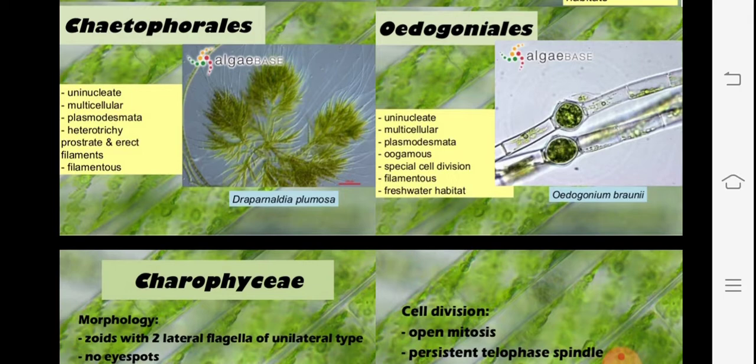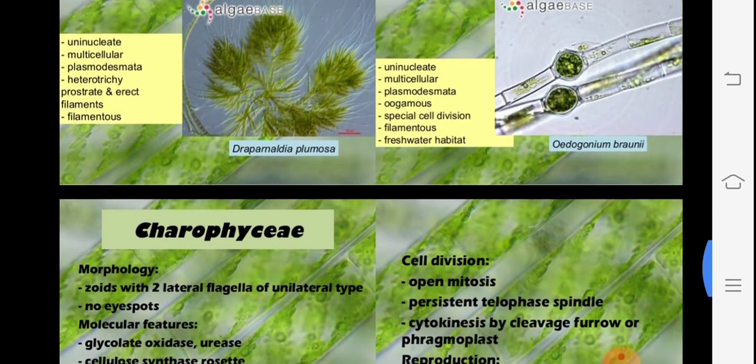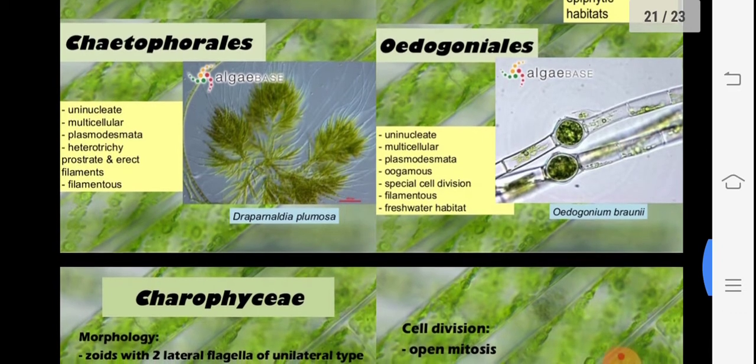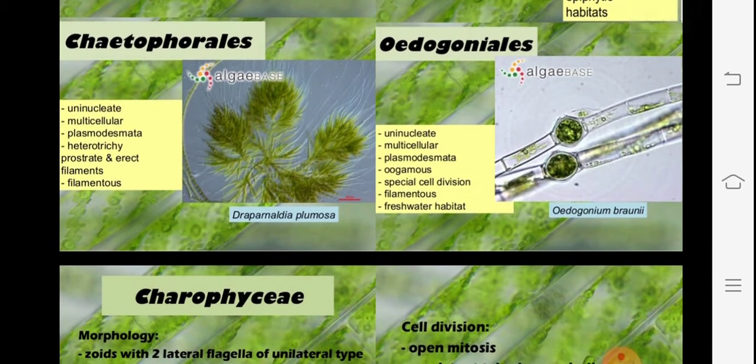So here these are uninucleate and multicellular. Plasmodesmata are present. Heterotrichy is the character of this one. Then secondly, there are the Oedogoniales. Oedogonium is a freshwater alga in Chlorophyta.